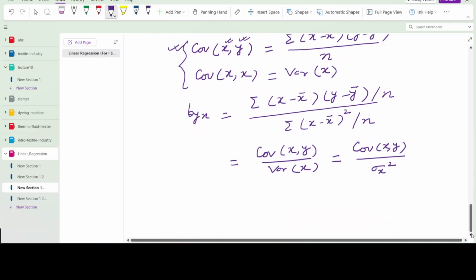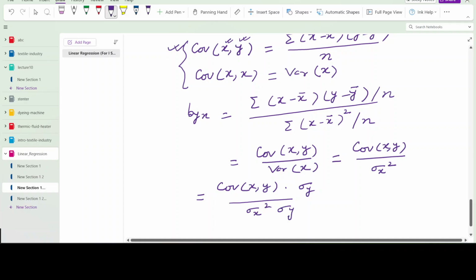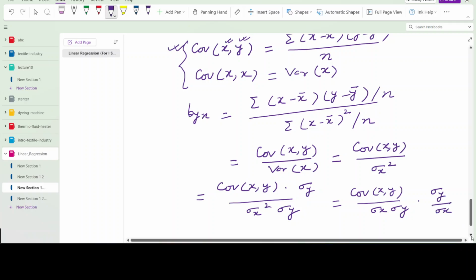Sigma x is a standard deviation of x. Just we are manipulating it. We are multiplying numerator and denominator both by sigma y. This will be sigma x square sigma y. We can again write it as sigma x sigma y by sigma x.